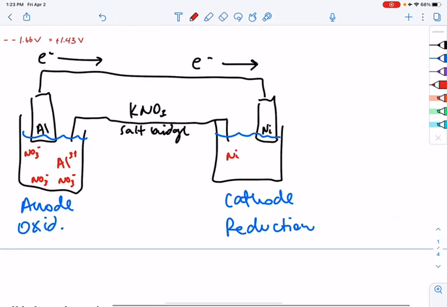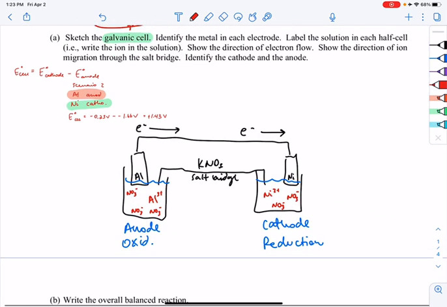Here we've got nickel 2 plus. No problem. So it says label the solution, right? It doesn't really matter what the counter anion is in this example. Show the direction of the electron flow, show the direction of ion migration through the salt bridge.